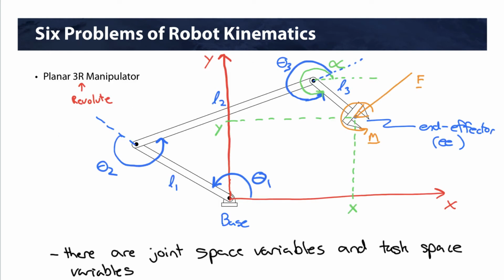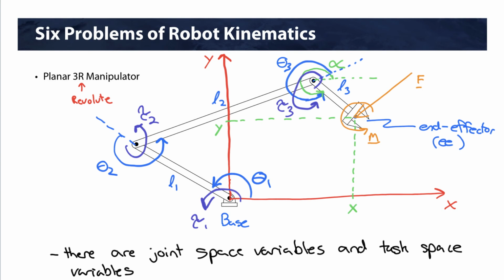In terms of the joint space, we're interested in the torques that are required to apply that wrench. So we'd have tau 1, we'd have tau 2, and we have tau 3.